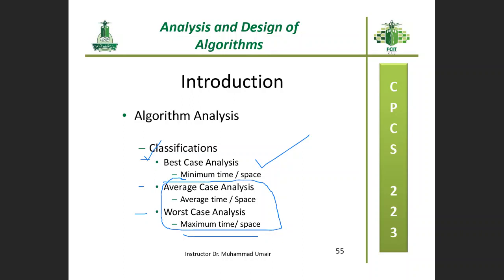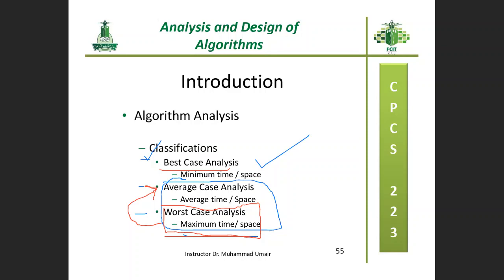That's why, usually, whenever we are discussing an algorithm, we discuss only the best case analysis and the worst case analysis, because whatever result you have calculated for the worst case is also applicable for the average case. But if in some scenario, in some domain, in some problem, it is different, then we can go for the third scenario.